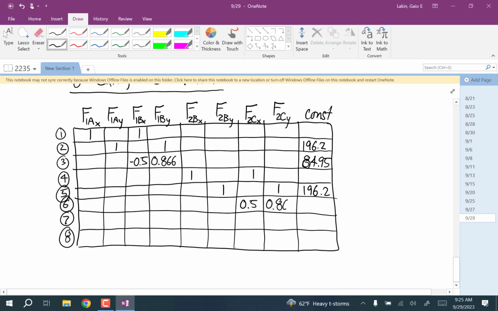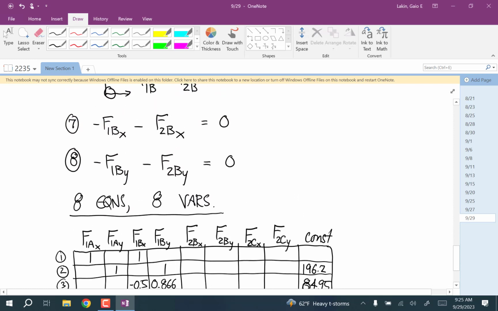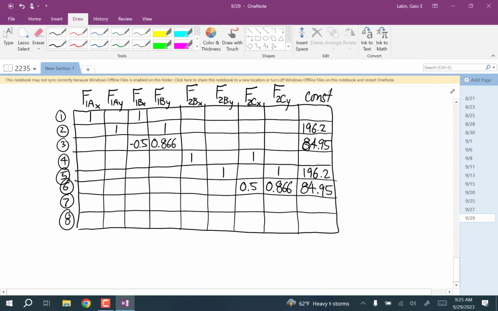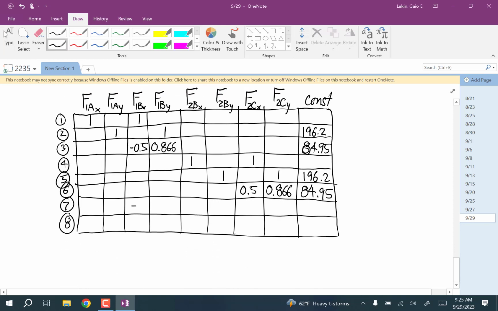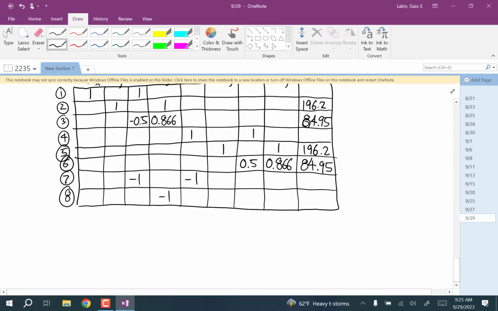Positive 0.866 for 2CY, and then the constant is 84.95. And then negative 1 for 1BX and 2BX, and zeros everywhere, and then the same thing for the y's.